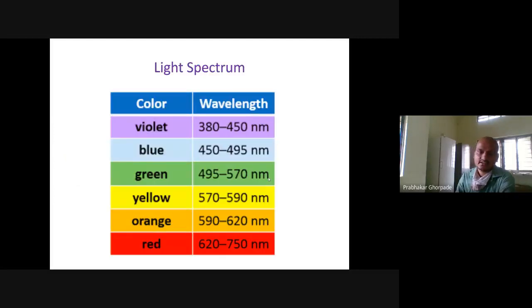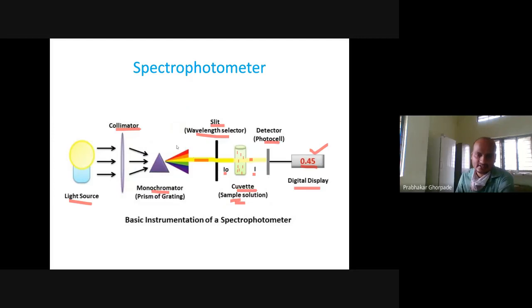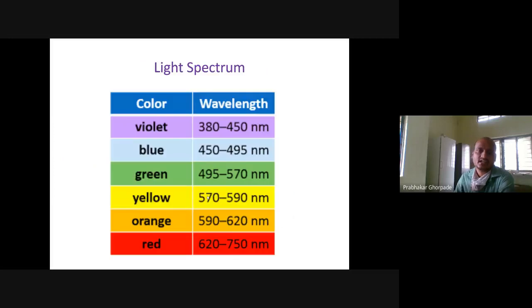So when we say we are selecting different light in the monochromator, we can split it. What does different light mean? We have violet light here. Violet light means 380 to 450 nanometer. So when we say light, what is light? Light is an electromagnetic spectrum, right?